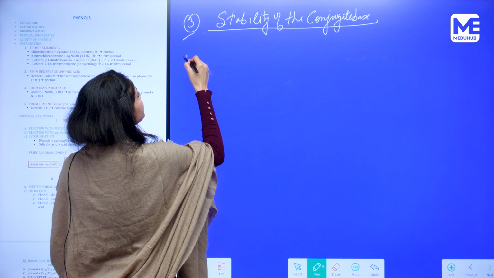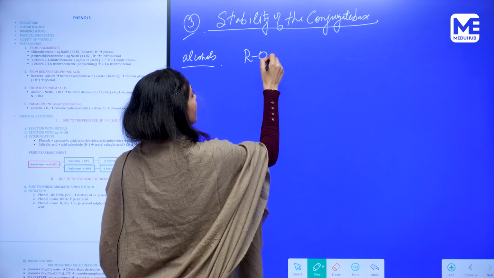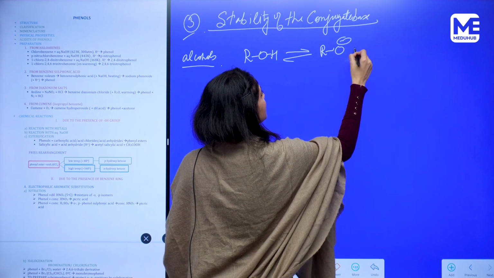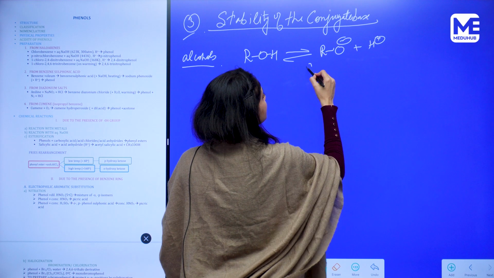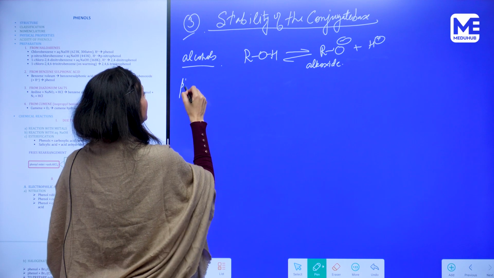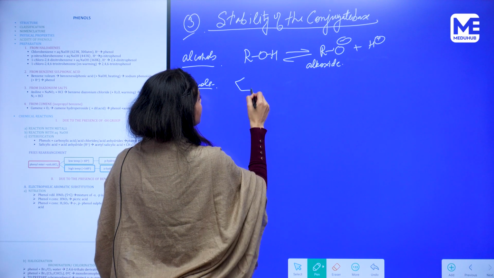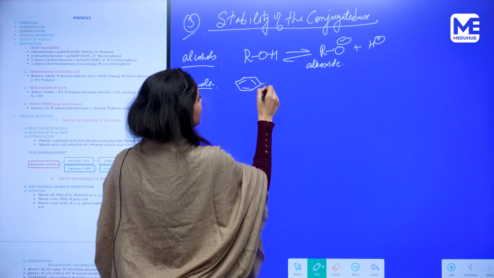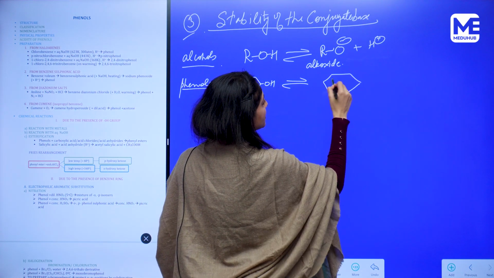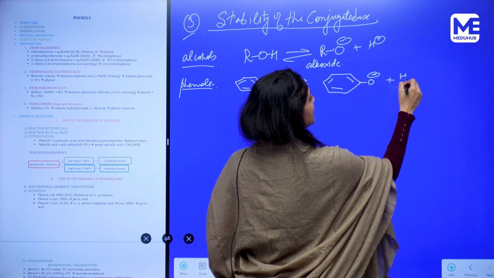So if we talk about ionization of alcohols, ROH will ionize as RO minus plus H plus. This is an alkoxide ion. Right, if we talk about phenols, we have this phenol ionizing as a phenoxide ion plus H plus.